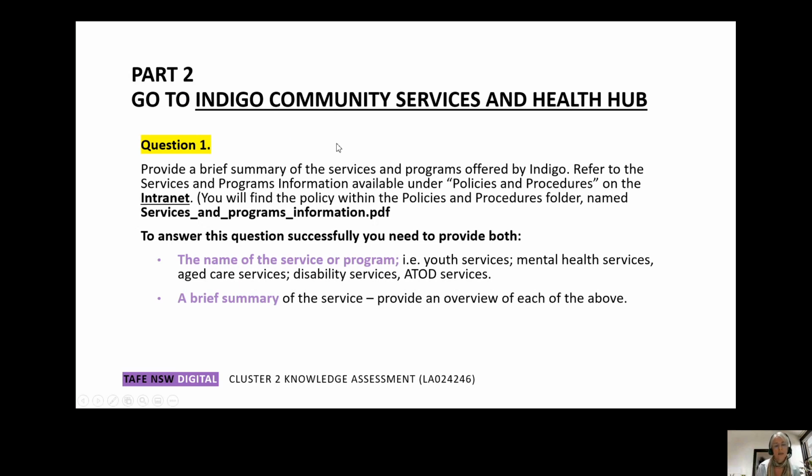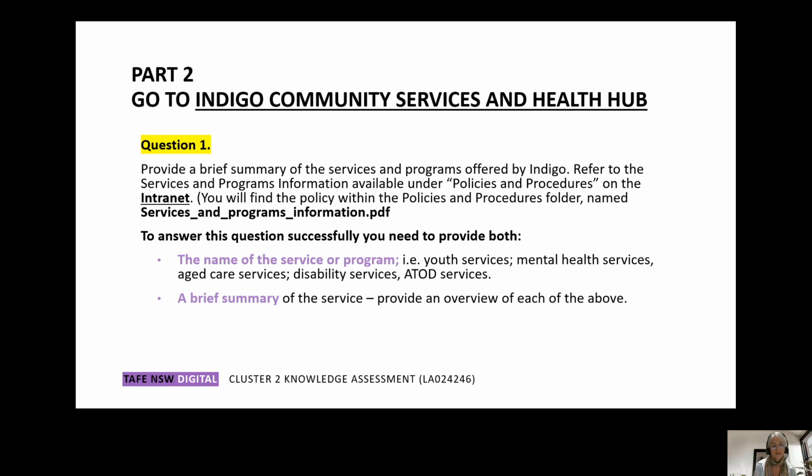And Indigo is a website. It's a community organisation that we've created so that you can complete your assessments. So it's a simulated workplace.